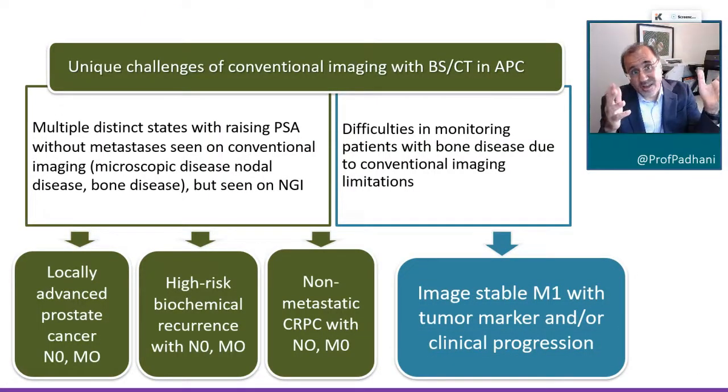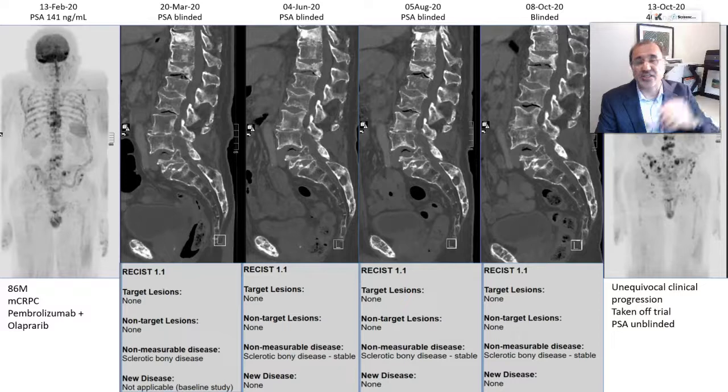And this not only applies at a baseline, but also applies during therapy monitoring. So you will often see imaging stable metastatic disease when a patient's being treated with some type of therapy, yet tumor markers are going up or the patient is clinically progressing, and you won't see any changes on imaging.